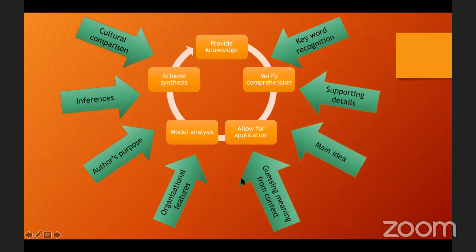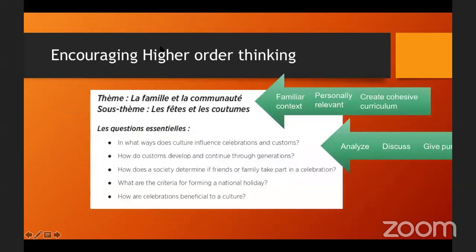So then we have guessing meaning from context. And as we continue through with organizational features, the author's purpose, inferences, or cultural comparisons, that really is where you get into those higher order thinking skills.